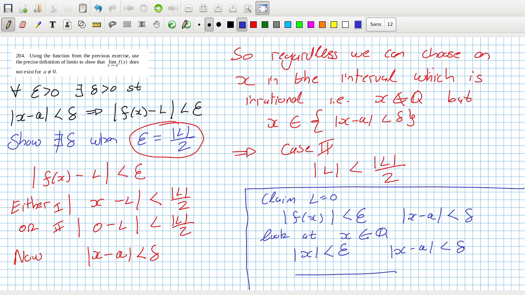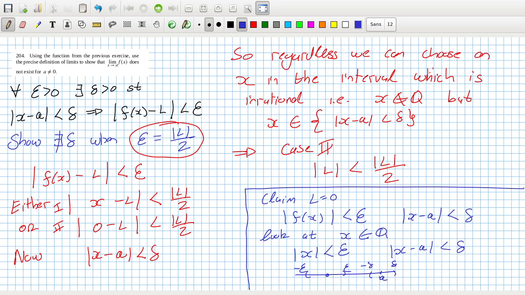So what was happening here? What's happening here, you'd have to be within epsilon of 0, and this one here you'd have to be within delta of a.